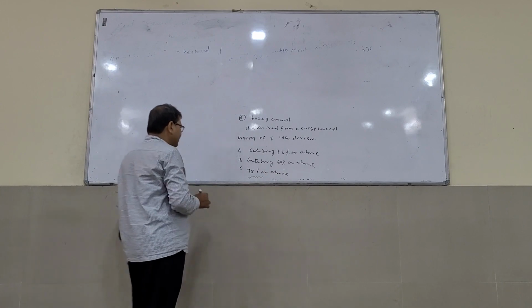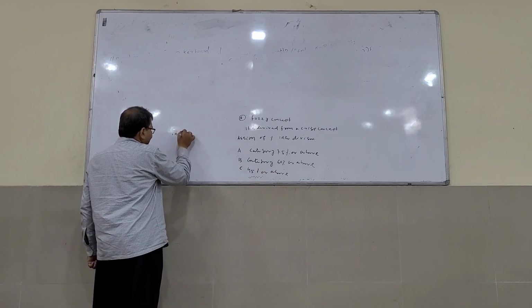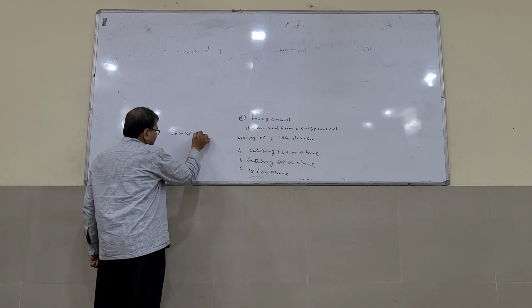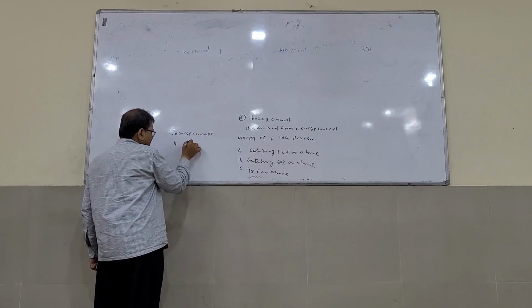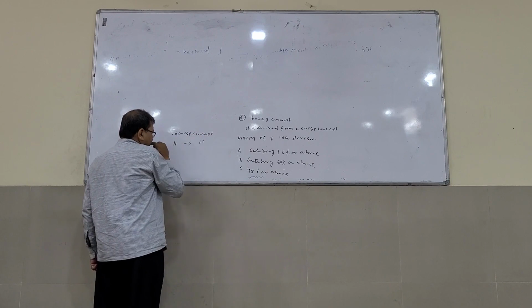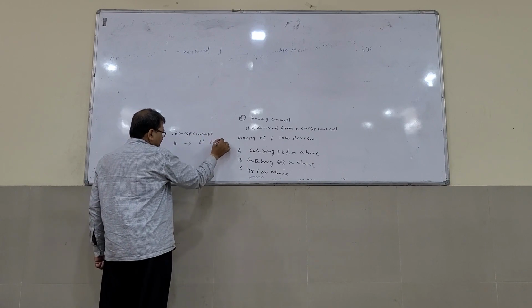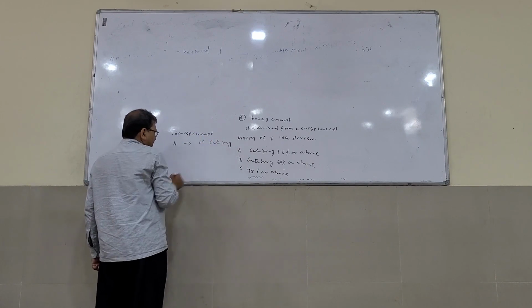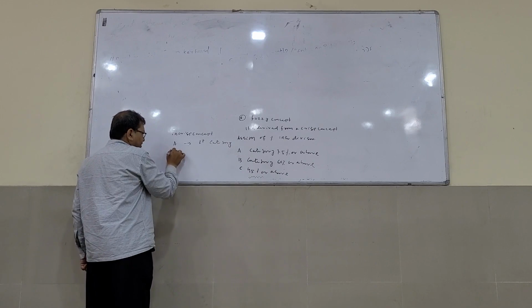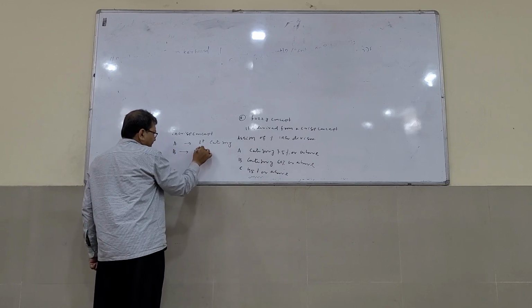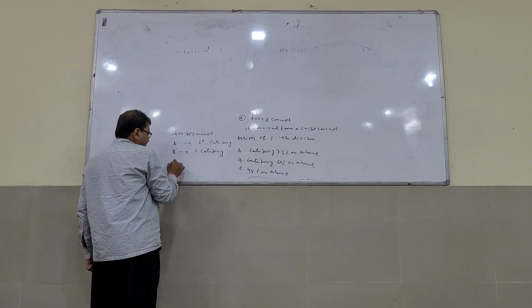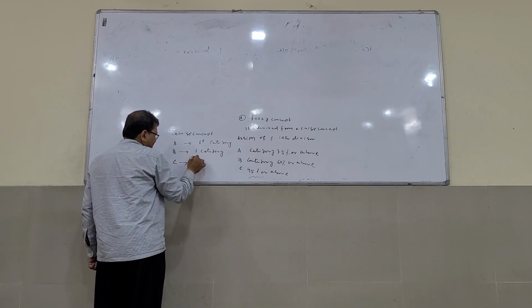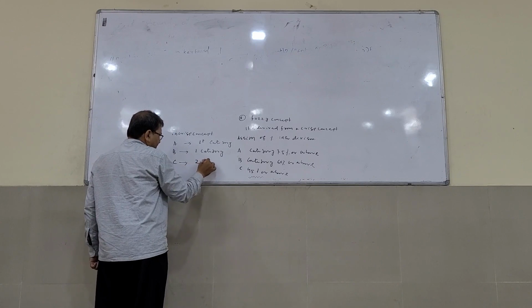In this concept, what will we get? A comes under 1 plus category. B comes under 1 category. And C comes under 2 category.